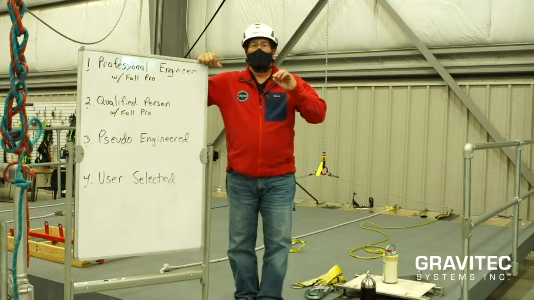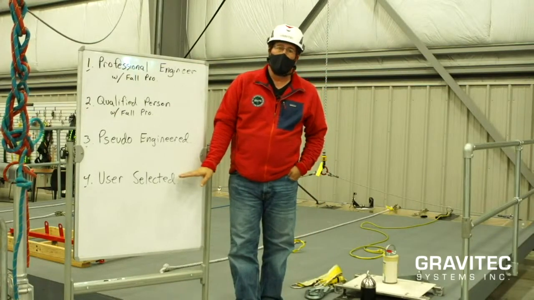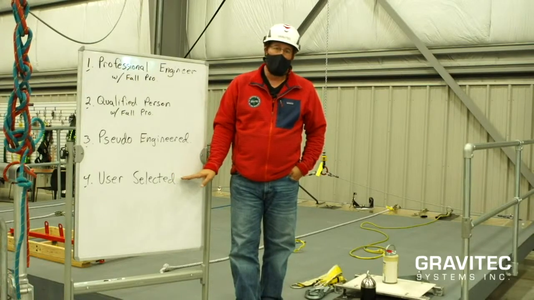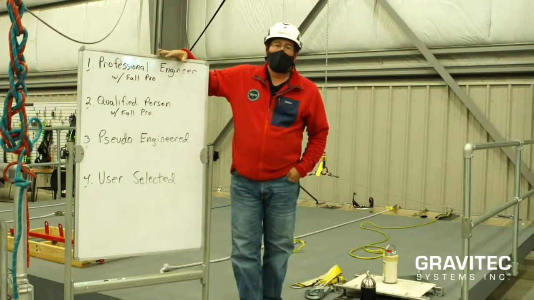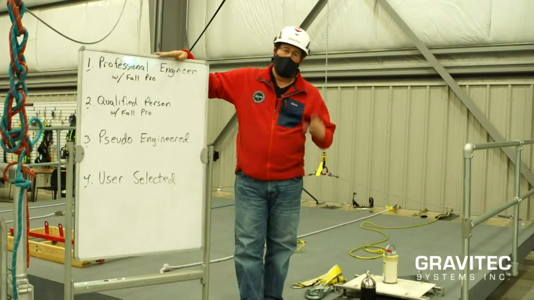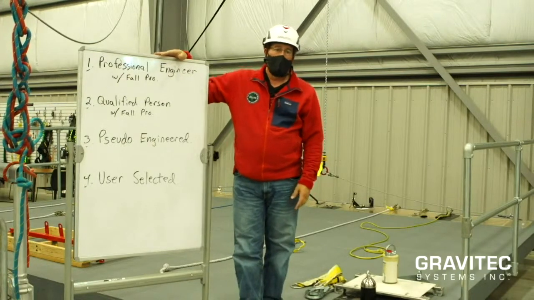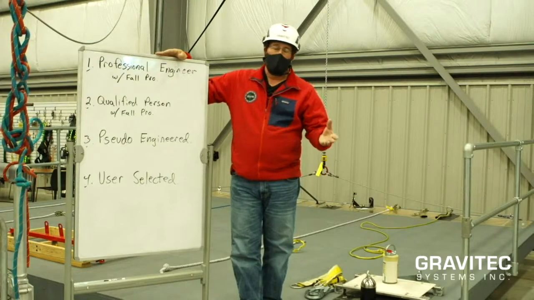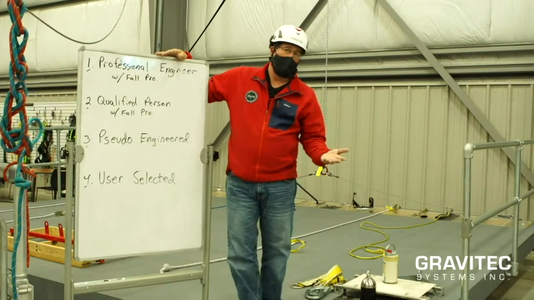One of the common questions we get is, how do I know whether my worker out in the field, if they're selecting their own anchor, is compliant or not? In the appendices to Subpart M, there are a couple of paragraphs where OSHA talks about makeshift anchors. I'm paraphrasing, but it says something to the effect of, the agency recognizes that there will be a need to devise an anchor point from existing structure.